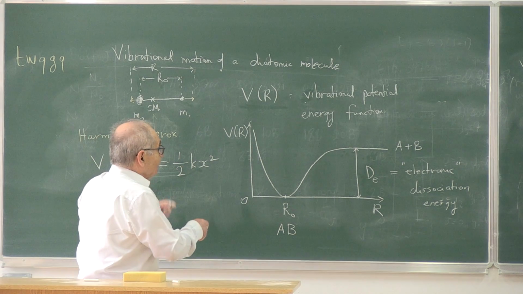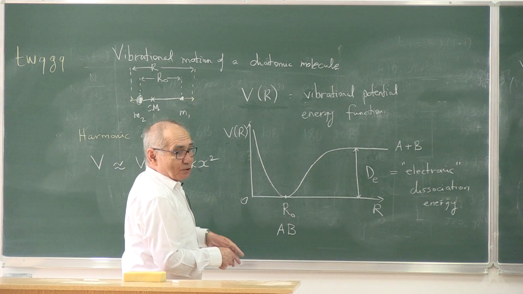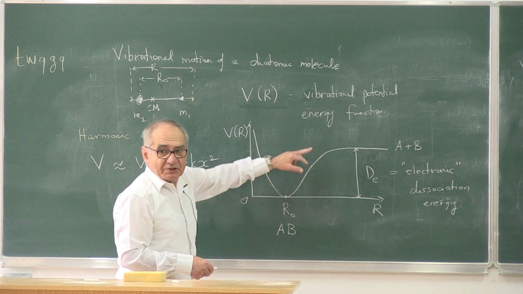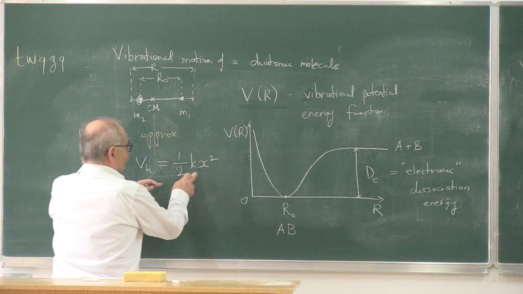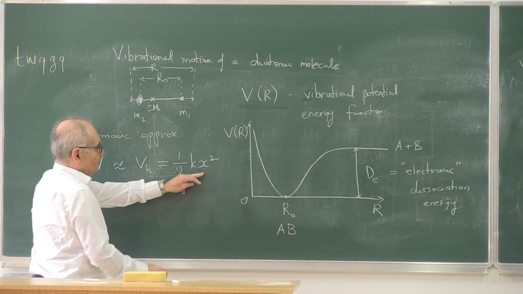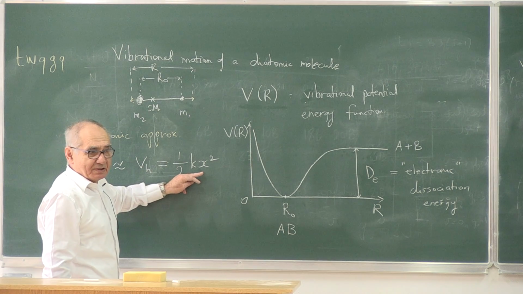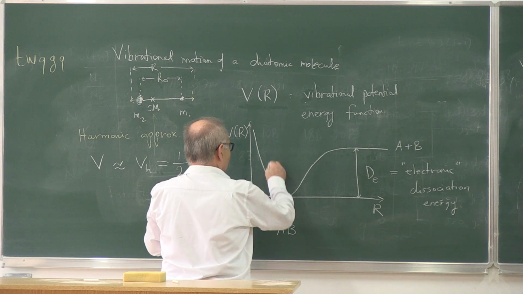Now, let us show graphically what we have done for the potential energy function. The true potential energy function is this. But the harmonic potential energy that you see here is a parabola, isn't it? The graph of it. But its minimum is the same.